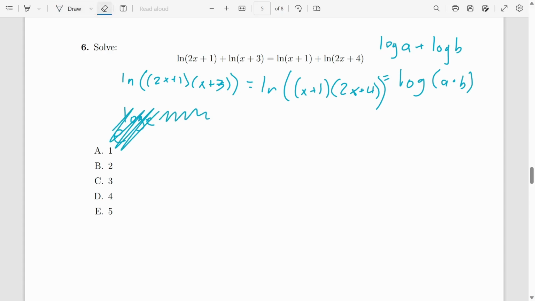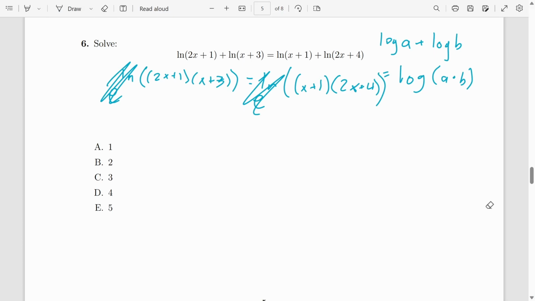So we do e to the ln of (2x plus 1) times (x plus 3), and e to the ln of all this. That cancels out both of these, so you're just left with what's on the inside.